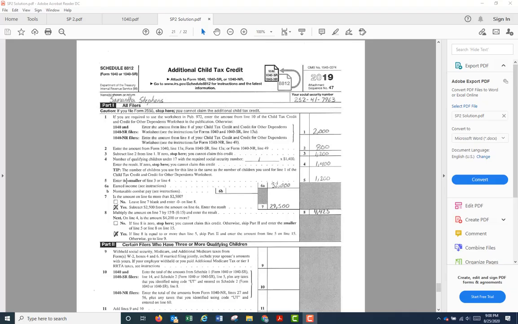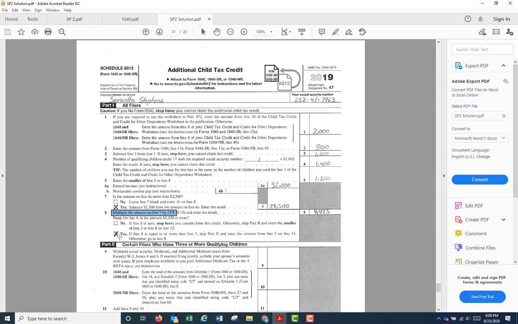That's why in line number 7 it asks, is the amount on line 6A more than $2,500? And then if yes, subtract $2,500 from the amount on line 6A. Then in line 8, multiply the amount on line 7 by 15%. And we get $4,425 on line 8. We would select the lower of the 2.